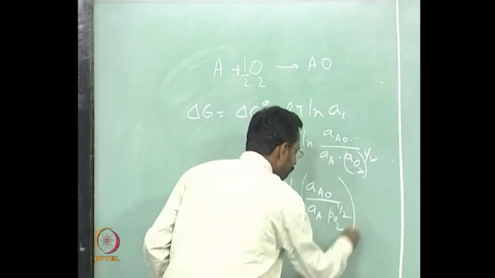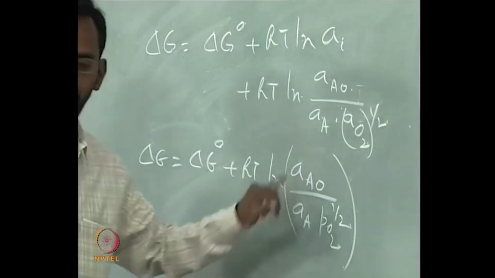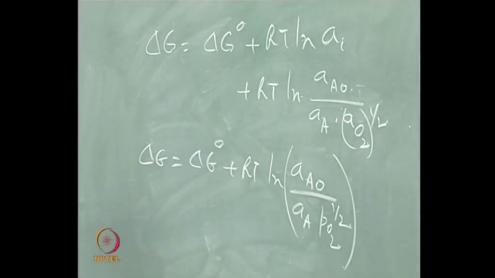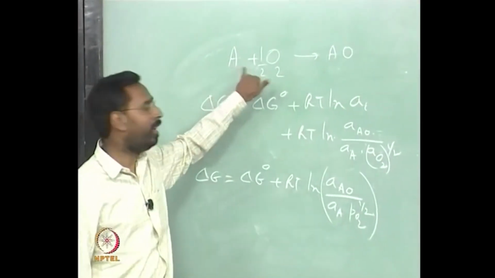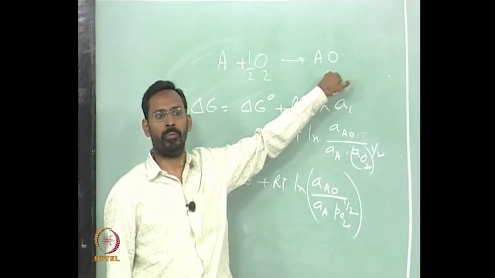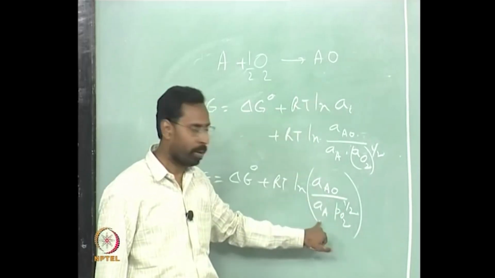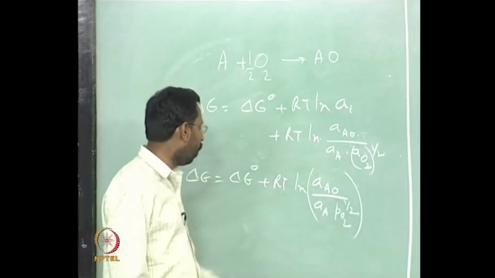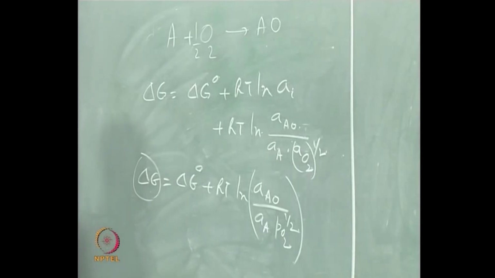In this case, we always know that the activity of solids in their standard states is equal to 1 if they are pure. If a pure A reacts with oxygen and gives you a pure oxide without any impurities, then this becomes 1 and this becomes 1. For any such reaction at the equilibrium transformation temperature, delta G is 0.